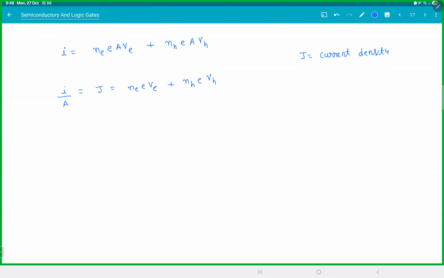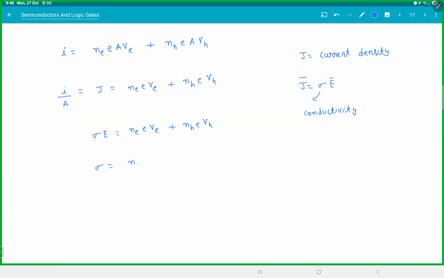Anyone remember there's a relation J is equal to sigma E? Sigma is conductivity. 1 by sigma is resistivity, rho. So J is equal to sigma E, which is Ne e Ve plus NH e VH.